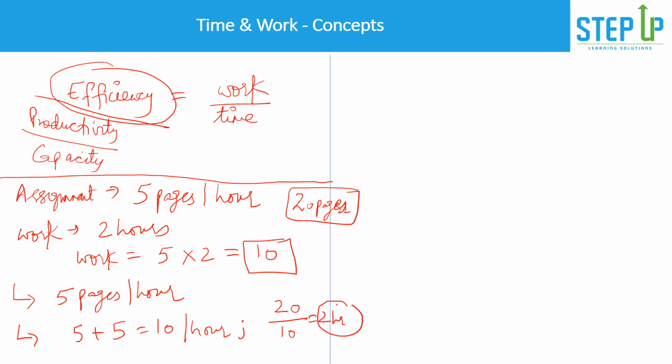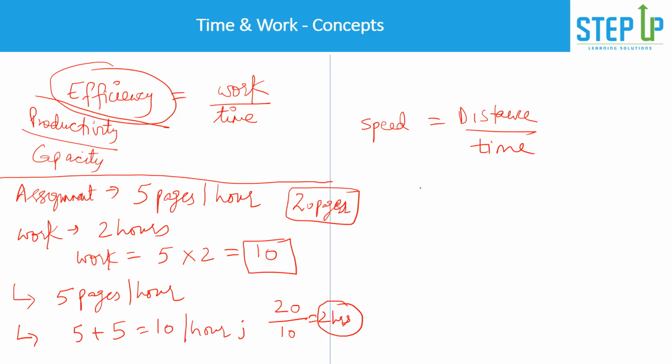So concepts like these. Now, can you draw an analogy to the concept that we studied in our previous videos? We studied speed is distance upon time, isn't it? Don't you think this is similar? That means this is also your rate of doing work or your speed, and work is nothing but the distance, right?